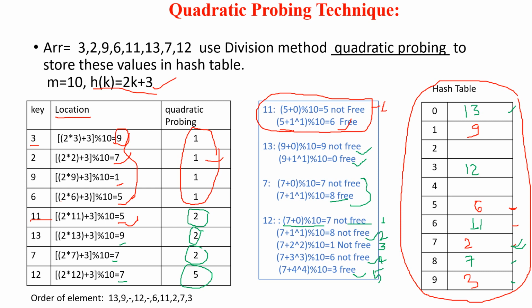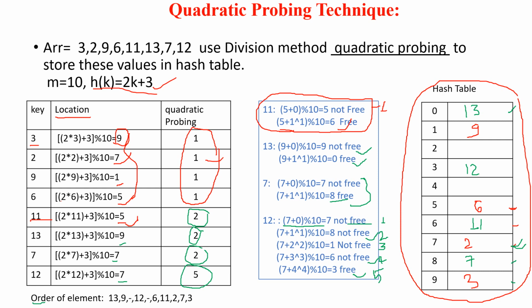Right? Now what will you do? Write the order of the elements in the hash table. You have seen that 13 is stored at the 0th index, 9 is stored at index 1. The second index is empty. There is no element at the second index, so you write it as an underscore or dash.